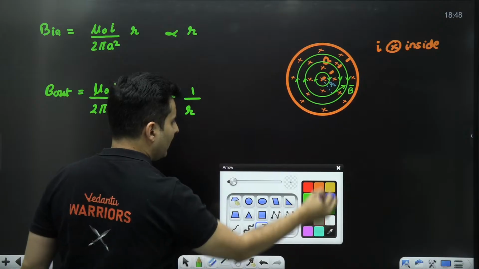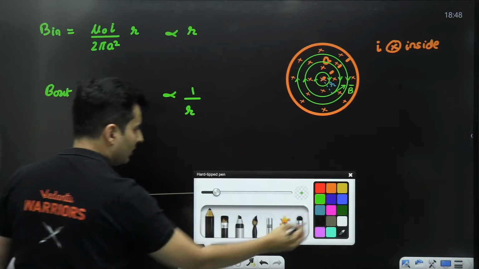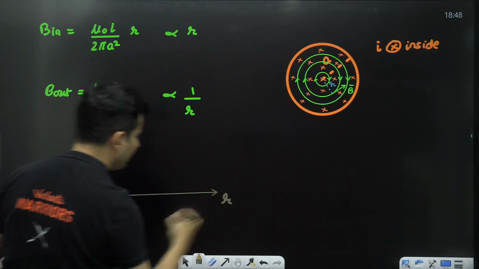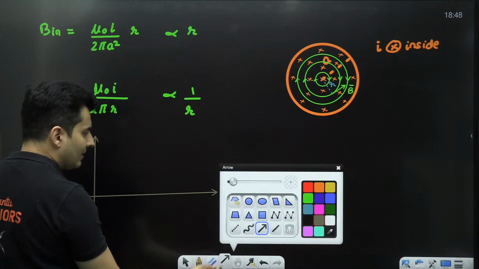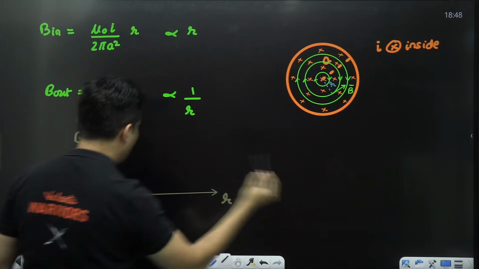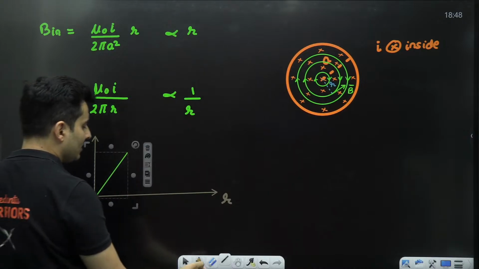So basically, if I show it graphically, on the horizontal line is the distance, on the vertical line is the magnetic field. As long as you are inside, the magnetic field will be proportional to r, that means a straight line.